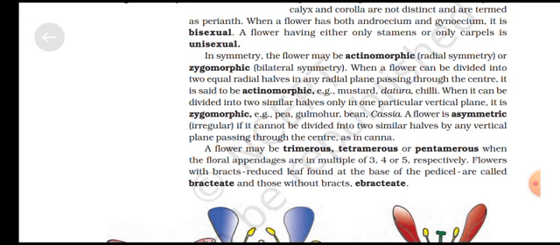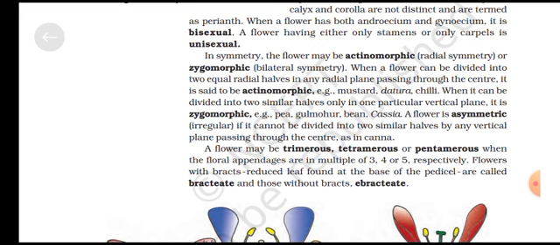Examples: mustard, datura, chilli. When it can be divided into two similar halves only in one particular vertical plane, it is zygomorphic. Examples: pea, gulmohar, bean, cassia. A flower is asymmetric, irregular, if it cannot be divided into two similar halves by any vertical plane passing through the center, as in canna.